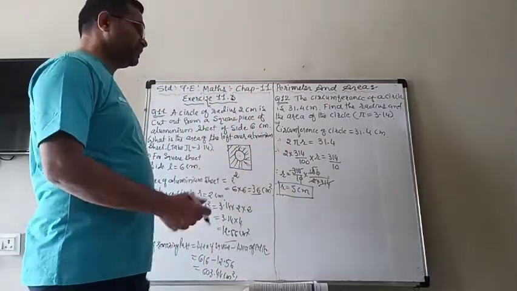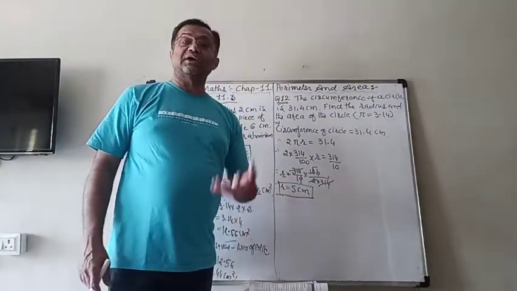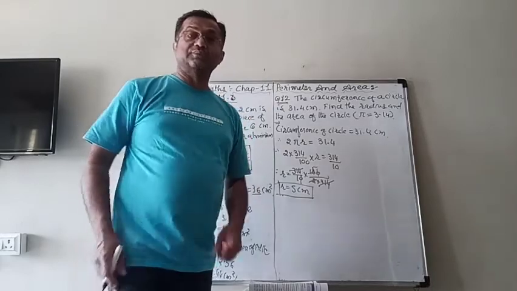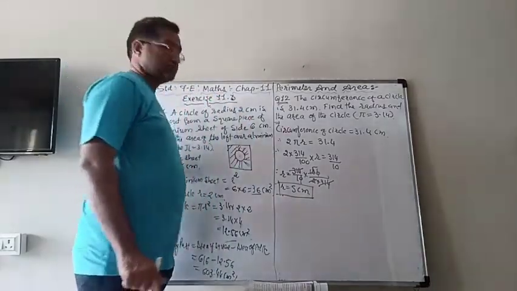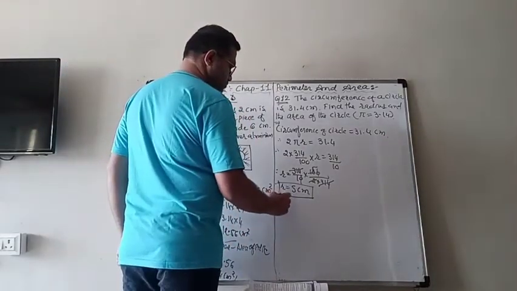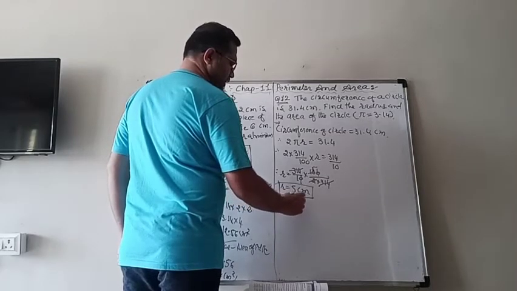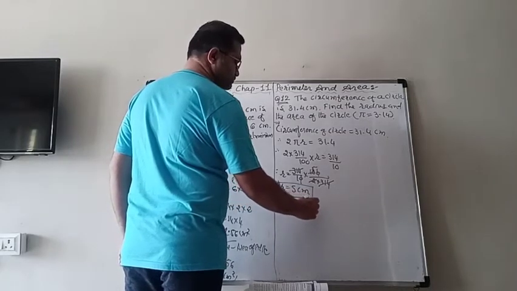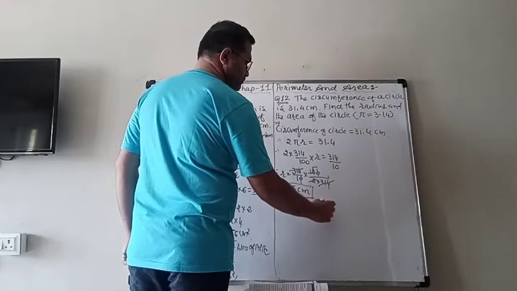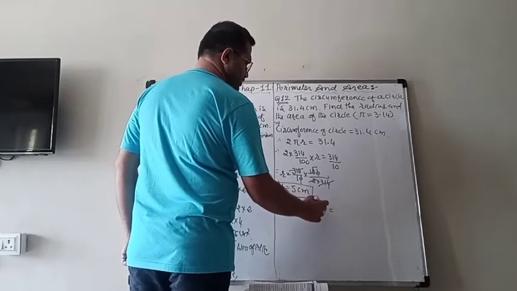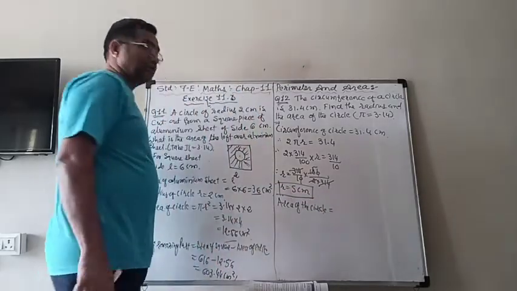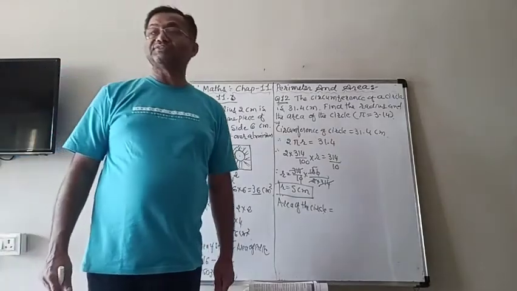Now from the radius we need to find the area of the circle. What is the formula to find the area of the circle?